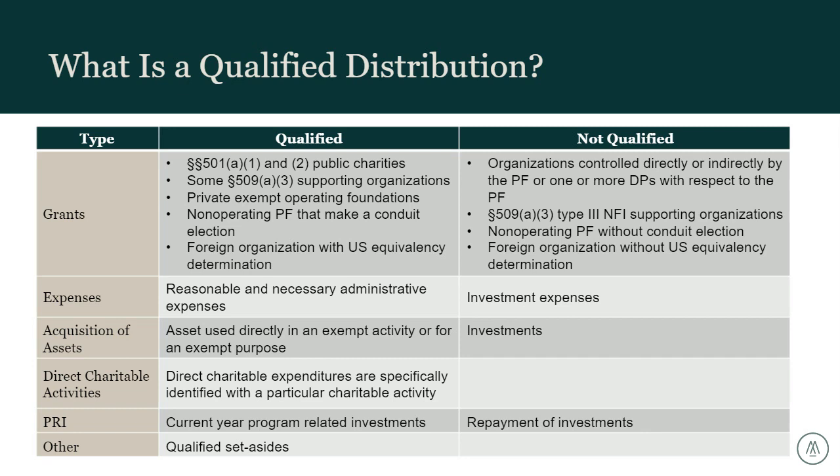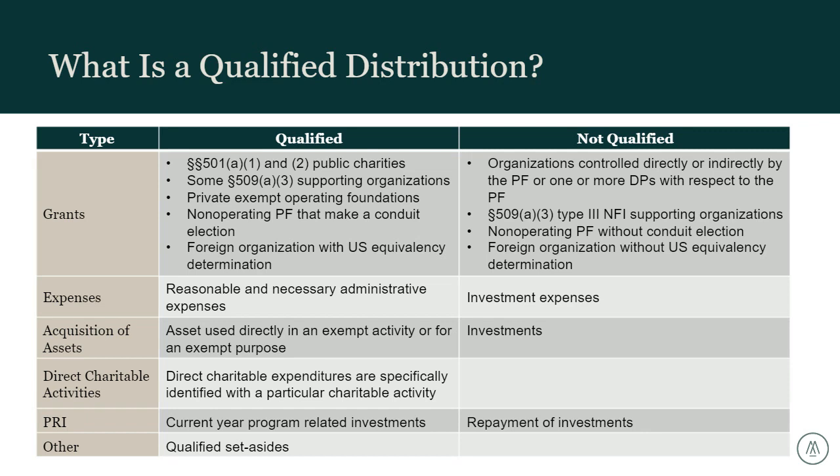Some examples of expenses we've already talked about: reasonable and necessary. Investment expenses would not qualify towards your qualifying distribution. You want to use your investment expenses to offset your investment income to avoid the 1.39% excise tax that private foundations have to pay. Acquisition of assets, as long as those assets are used for your exempt purpose.